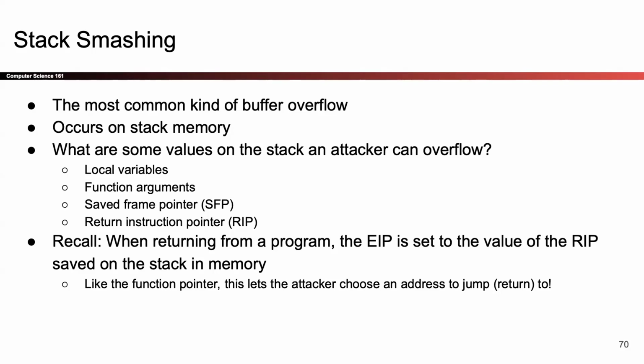Does anyone have an opinion about which of these might be juiciest for an attacker to overwrite? Any of them could be juicy in principle. I'm looking around to see if there's anyone who hasn't been answering a lot, just to give you all a chance. Yeah?